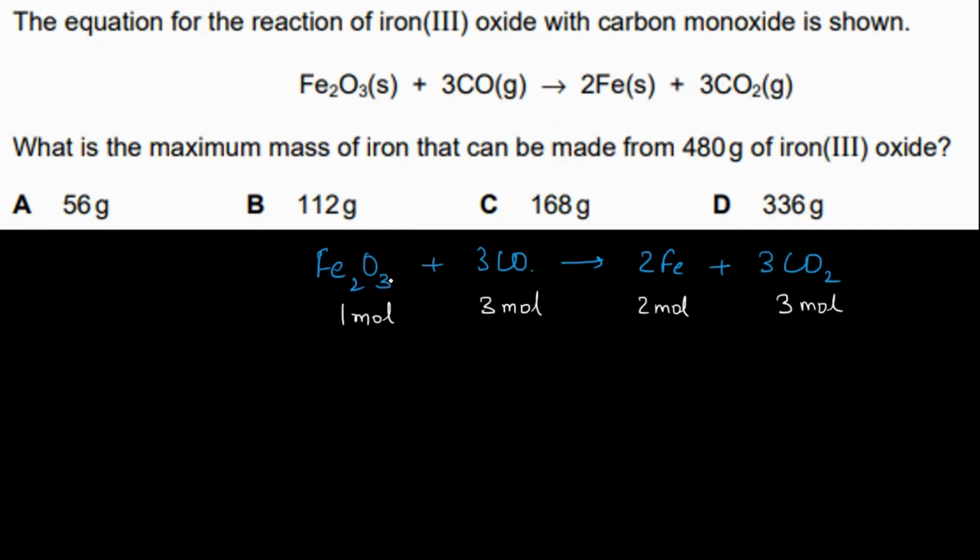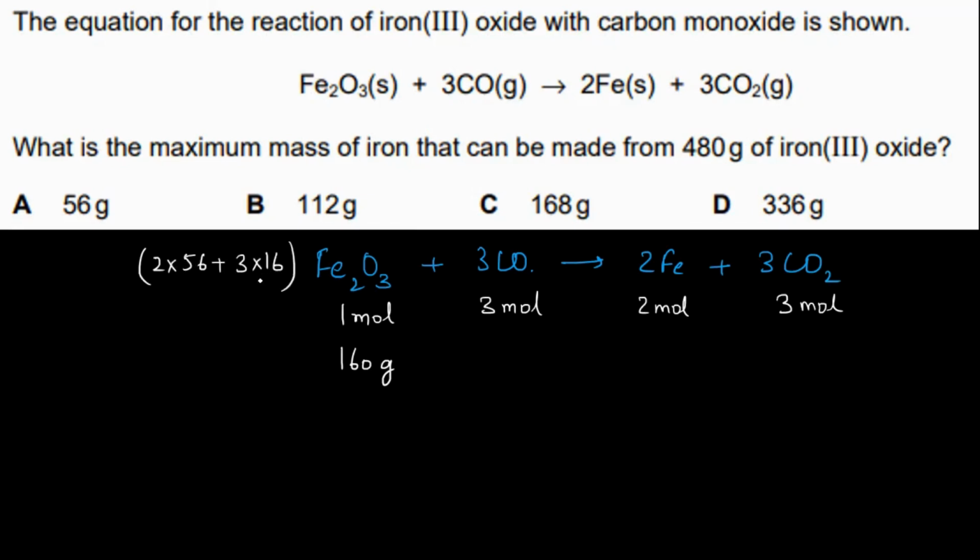Now, 1 mole of Fe2O3 has a mass of 160 grams, that you can calculate by using the atomic masses of iron and oxygen, which is 2 into 56 plus 3 into 16.